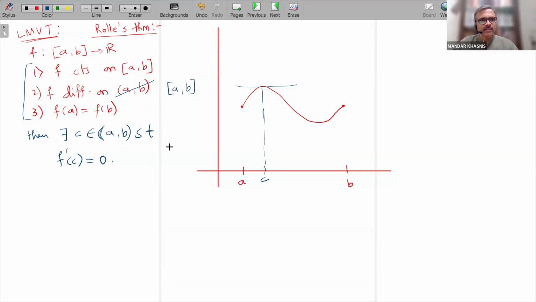So you are going to have this conclusion. My point is, have we missed out something? Will Rolle's theorem not be applicable to some functions? So let me be more precise.